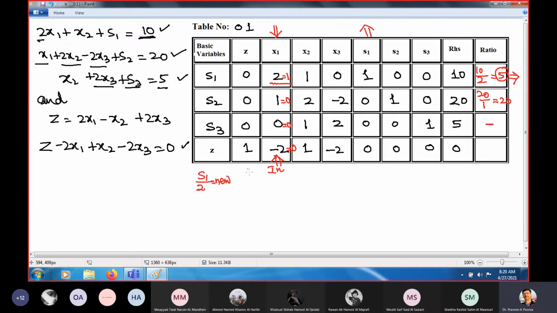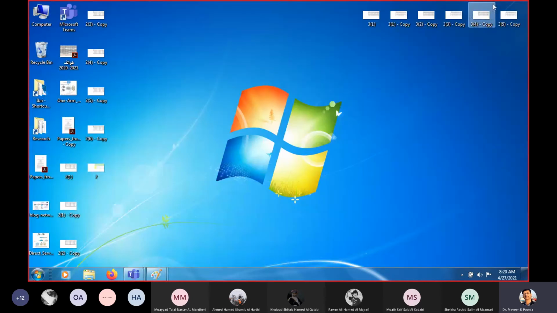S1 divide 2: 0 divide 2 is 0, 2 divide 2 is 1, 1 divide 2 is 1 by 2, 0 divide 2 is 0, 1 divide 2 is 1 by 2, 0 divide 2 is 0, 0 divide 2 is 0, and 10 divide 2 is 5. Clear? And this will be the next matrix.